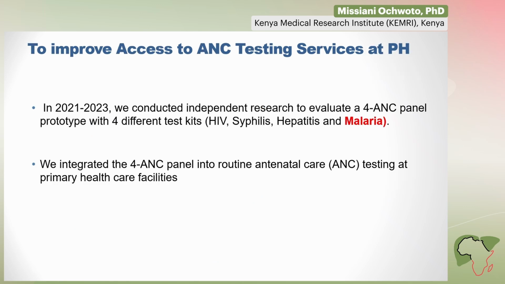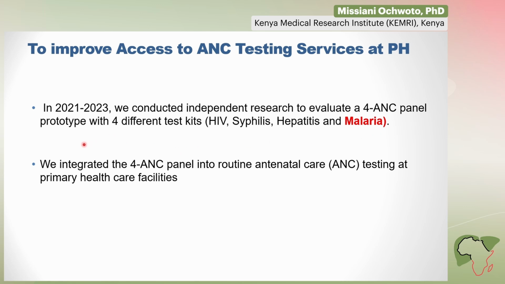For that reason, in 2023, we conducted an independent research to evaluate the ANC panel, which is a prototype having four tests: hepatitis B, syphilis, HIV, and we included malaria, however, malaria is not part of the triple elimination.